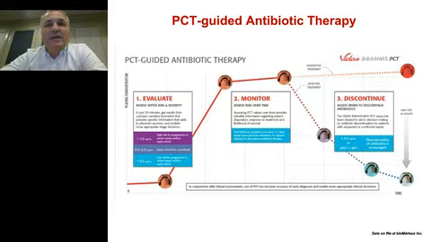Second, if we look at the kinetic of PCT, it's a very good monitoring marker which provides us with prognostic information, and it can help us to discontinue antibiotics early in patients, thereby reducing the overall exposure to antibiotics. And as we have learned from recent trials, it also improves clinical outcomes in patients. So it's really initial evaluation, but then the monitoring which is most important for our patients with sepsis.